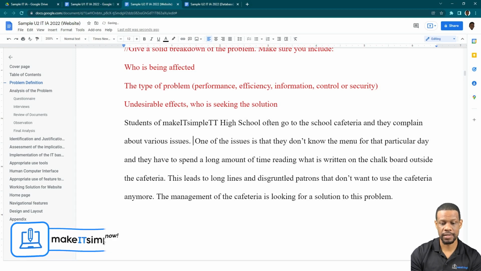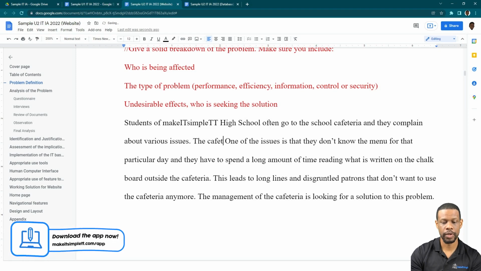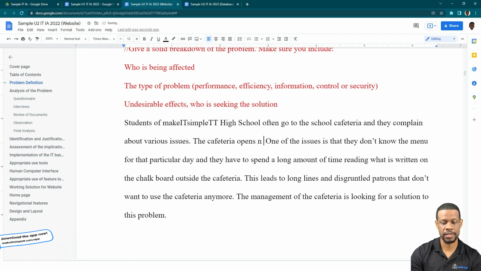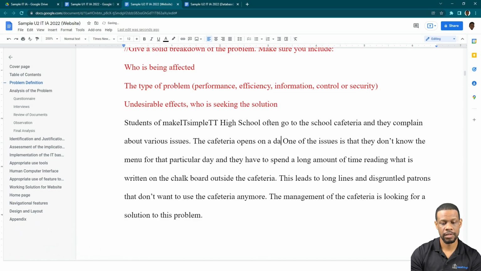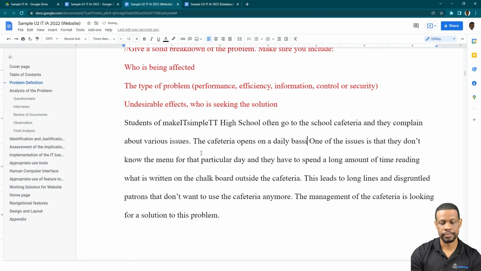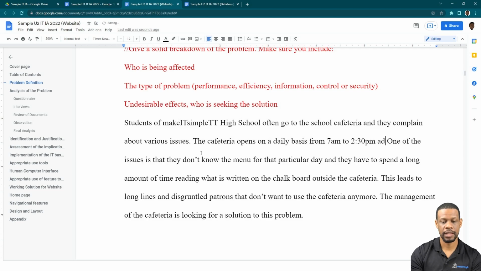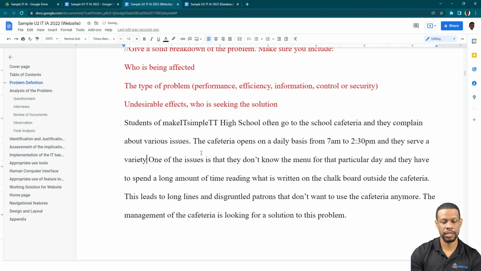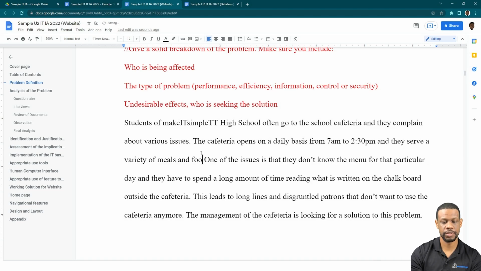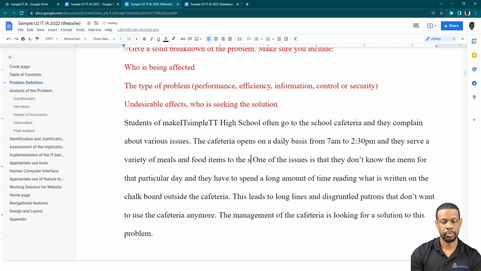I'll say, okay, the cafeteria opens on a daily basis from 7 a.m. to 2:30 p.m., and they serve a variety of meals and food items to the school population.